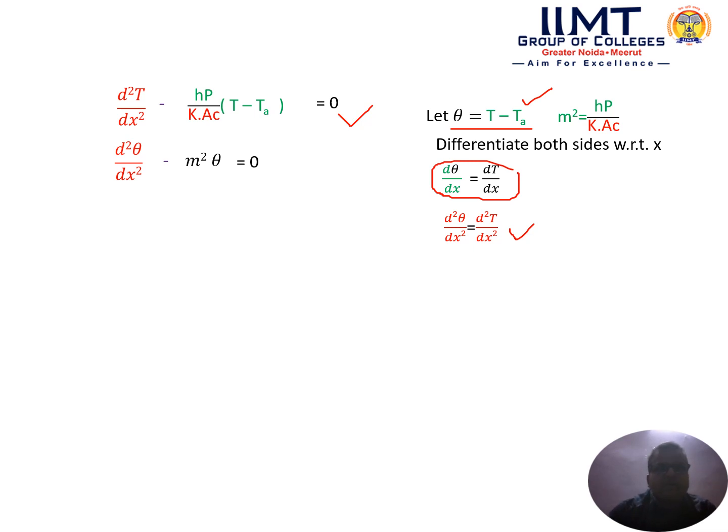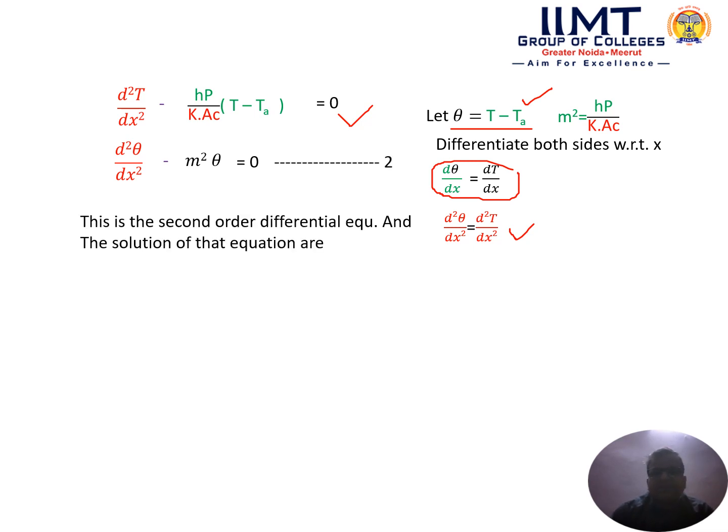This is a second order differential equation, and we all know that for this equation the solution is theta is equal to c1 e power mx plus c2 e power minus mx.